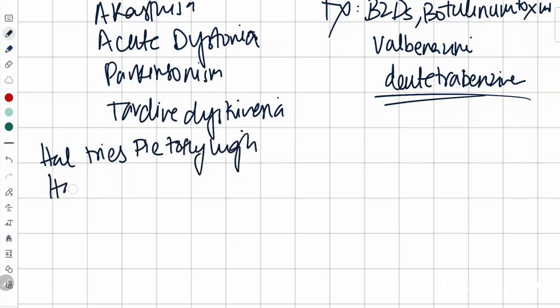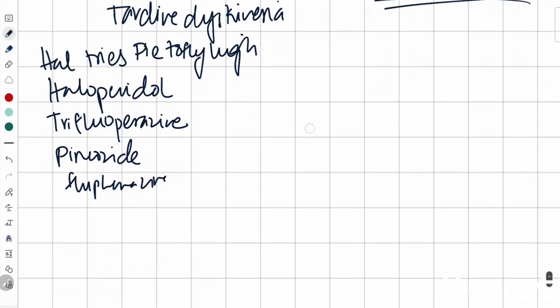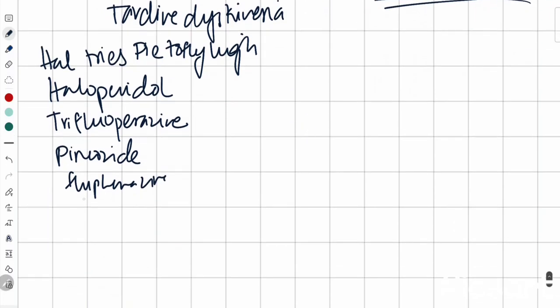So HAL is haloperidol. T is trifluoperazine. P is for pimozide. F is for fluphenazine. And yeah, high is for high potency.